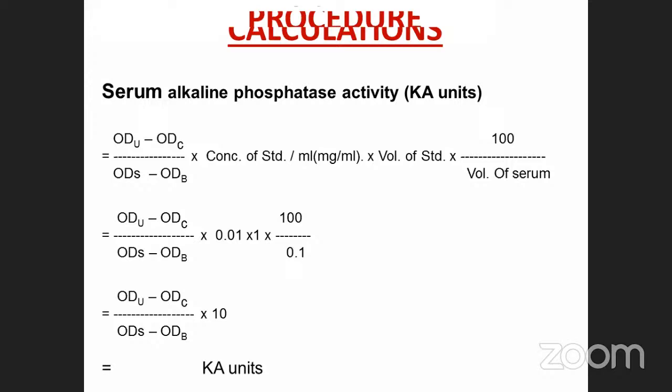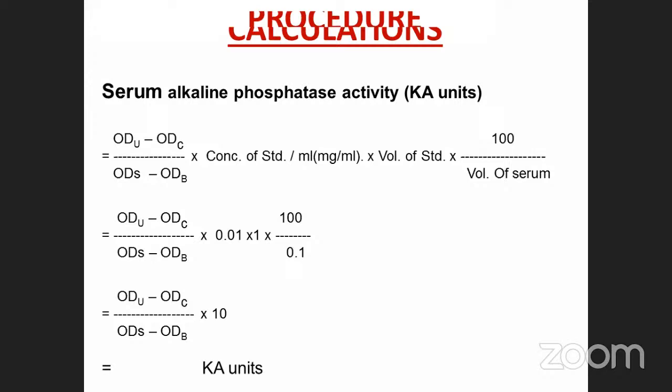It is equal to optical density of unknown minus optical density of control, divided by optical density of standard minus optical density of blank, into concentration of standard in milligram per ml, into volume of standard used. This is given in our procedure. Into 100, divided by volume of serum.